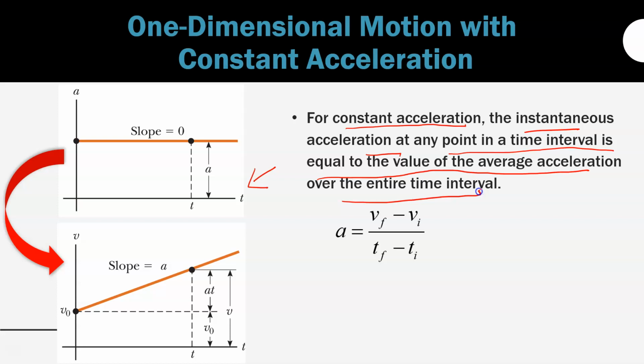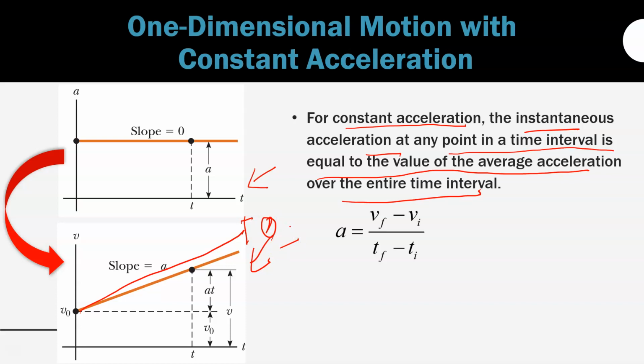That means the velocity increases or decreases at the same rate throughout the motion. And a plot of v versus t, shown here at the bottom, gives a straight line with either positive, zero, or negative slope.